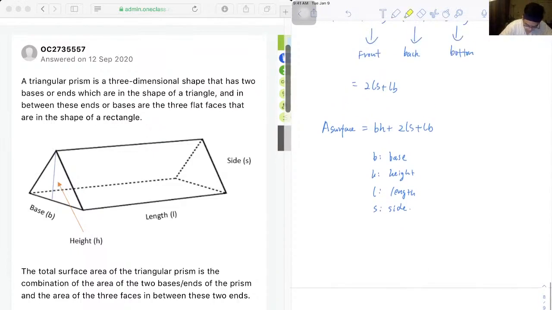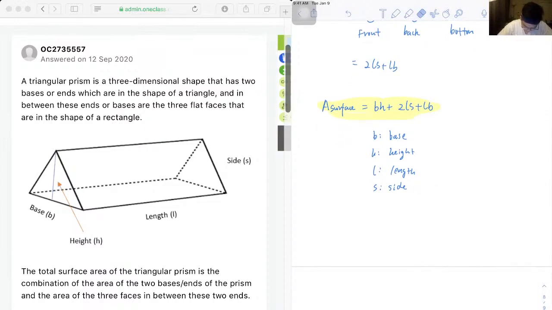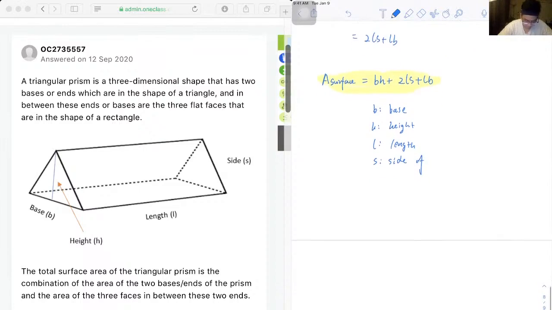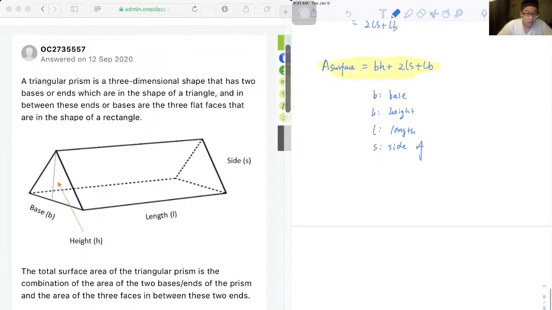Yep, so I think that's all we have for this one. Well, maybe I'll add a little more detail, so that S is a side of the triangular ends.